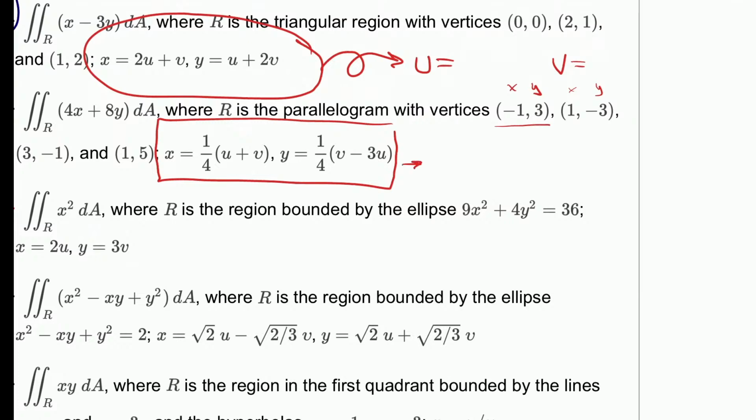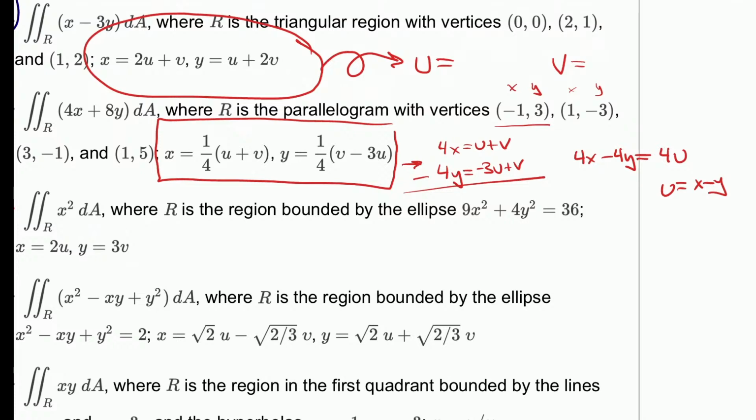So 4x is equal to u plus v, and 4y is equal to negative 3u plus v. Then subtract one from the other so that I get 4x minus 4y is equal to 4u, and u is equal to x minus y, and then you can plug that back into one of these.